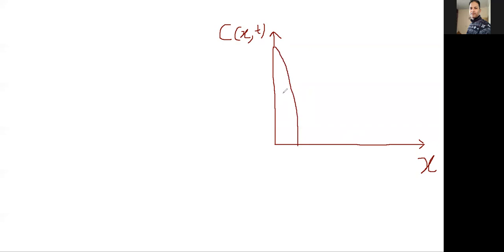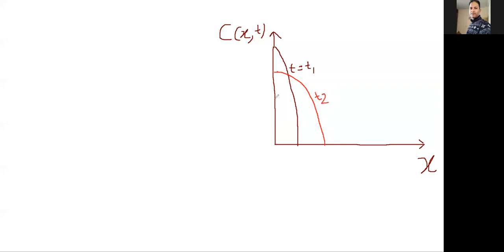Okay, so this is the concentration versus depth profile, the dopant profile, let's say for t is equal to t1. If you look at the profile for larger time, then your dopant profile might become like this, and let's say that this is for time t2.